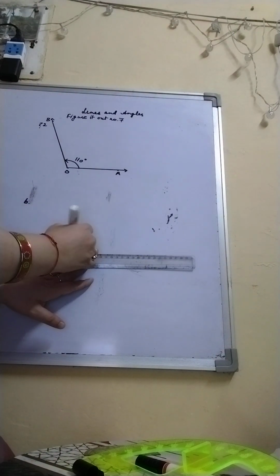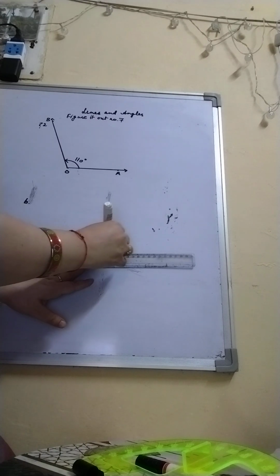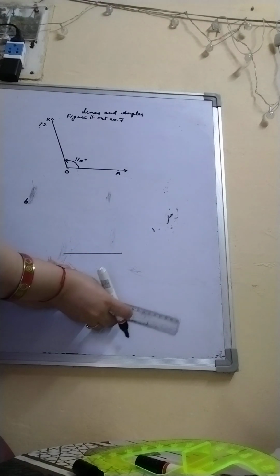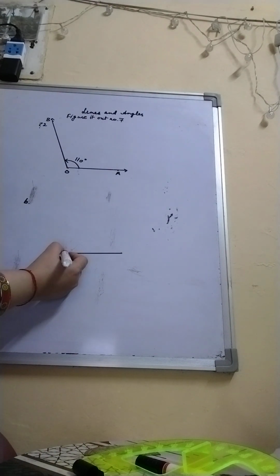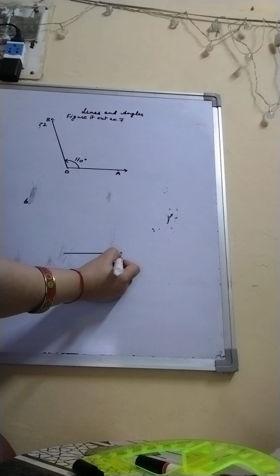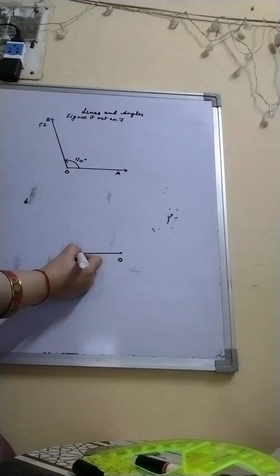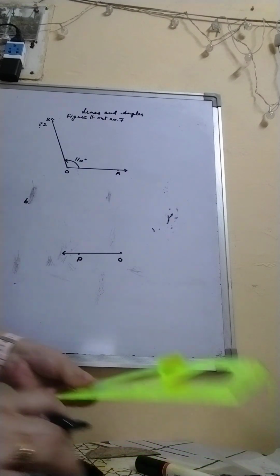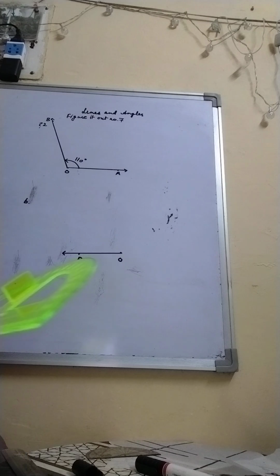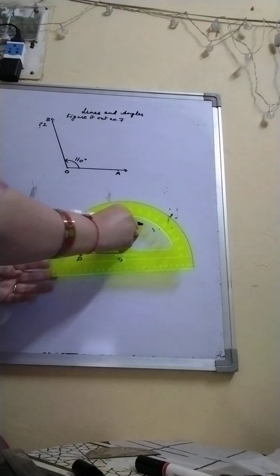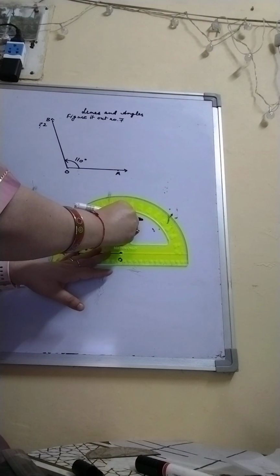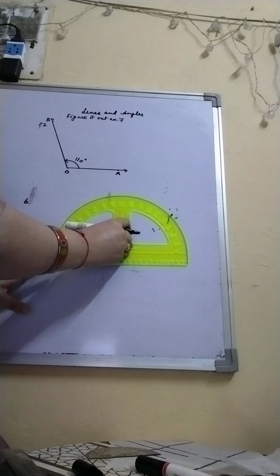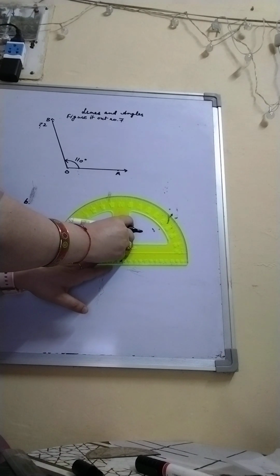So we draw a ray. Let's make the ray now on the left side. So you have to draw 40 degree. So place the protractor at the center and align it with OP.